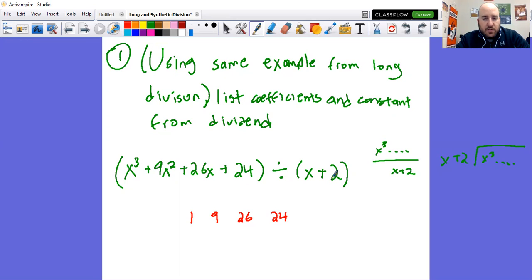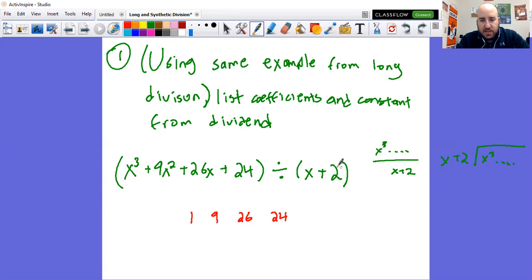For starting synthetic division, it doesn't matter if it's written horizontally with the division sign in the middle, if it's written like a fraction, x cubed plus 9x squared and so on over x plus 2, or even written like a long division problem. When we're doing long division, if we get either one of these, we want to turn it into this.